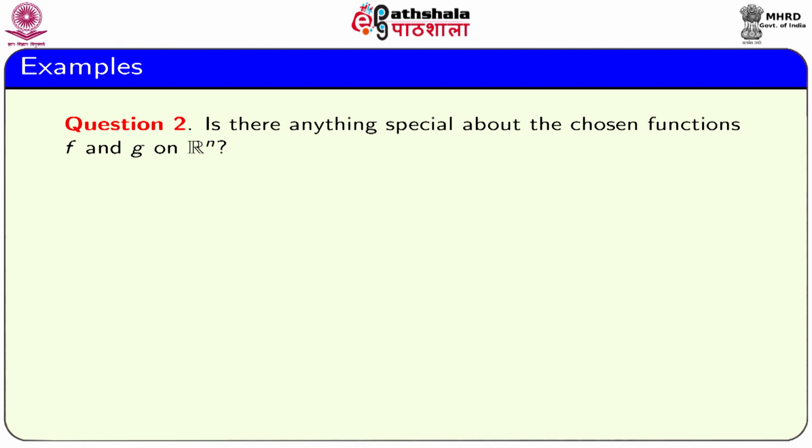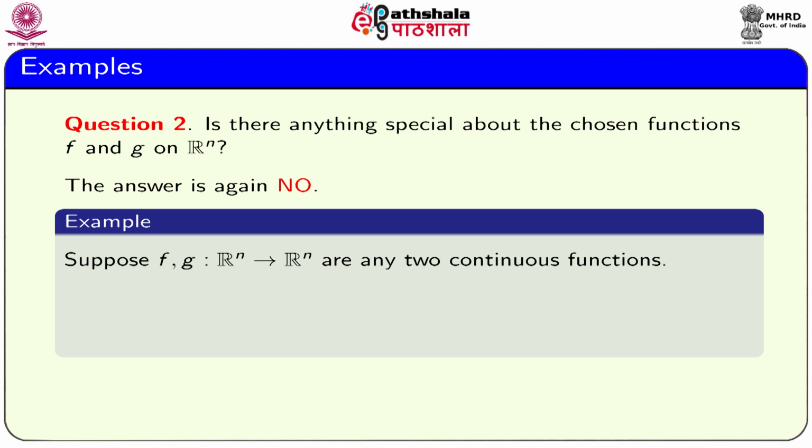Let us take question 2. Is there anything special about the chosen functions f and g on R^n? The answer is again no. Let's take this example that I take any two continuous functions f and g from R^n to R^n. We are talking about any two continuous functions f and g, no specific ones.